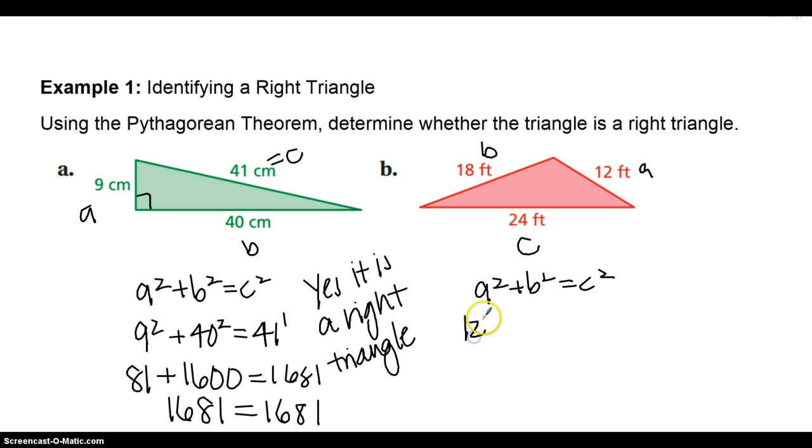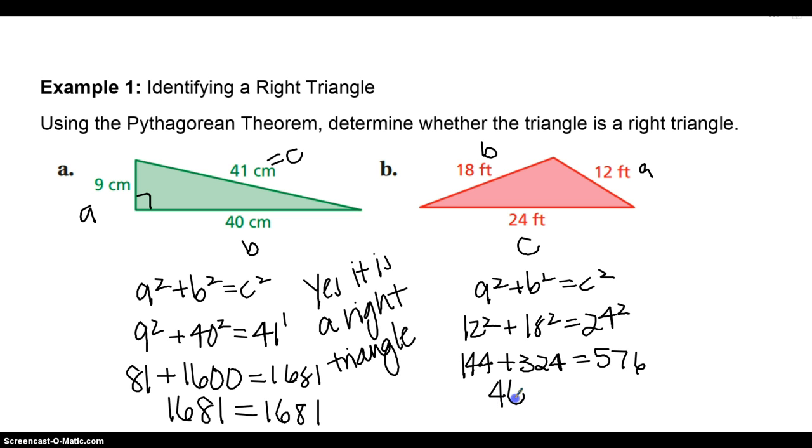So this is 12 squared plus 18 squared is equal to 24 squared. 12 squared is 144. 18 squared is 324. And 24 squared is 576. So then I add 144 and 324, and I get 468.